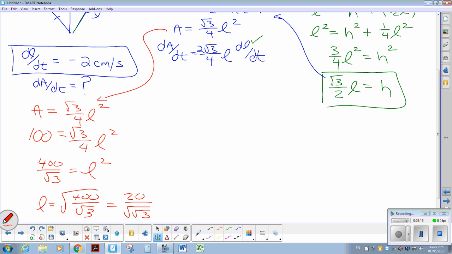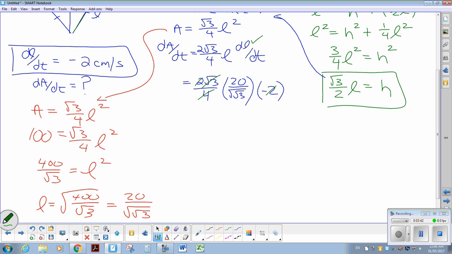All right. So that being said, I can go back to my original equation. dA/dt is 2 root 3 over 4, L we just calculated was 20 over the square root of root 3, and dL/dt is -2. Simplifying that, those 2's will cancel out my 4.